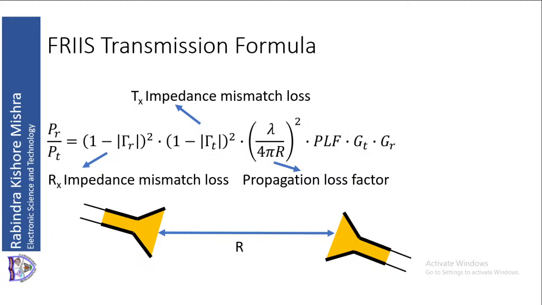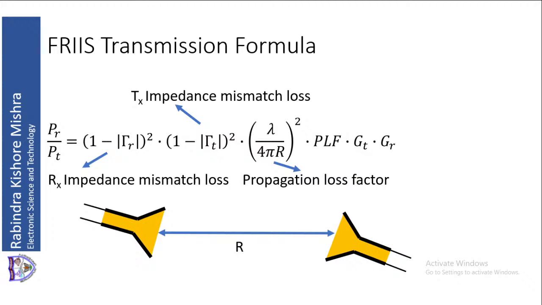Then each antenna, the transmitting antenna and the receiving antenna, inherently will have some gain. They will not radiate all the power they receive, because there will be ohmic losses or dielectric losses in the antenna. So each antenna will have some gain. For the transmitting antenna, the gain is GT. For the receiving antenna, the gain is GR.